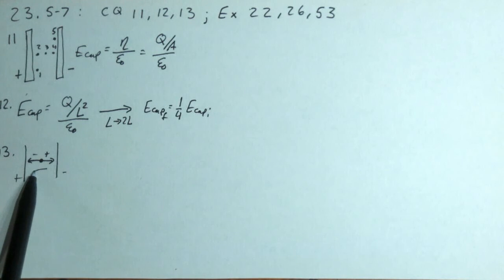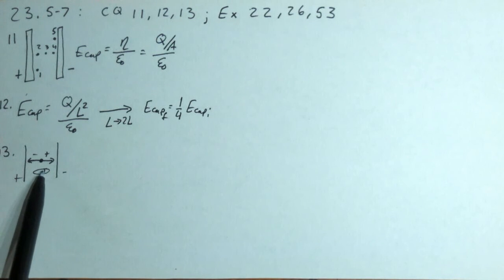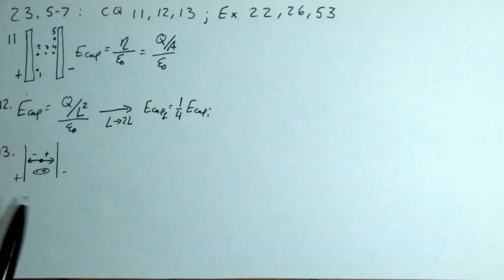Let's say it's going to stretch like this, because the positive is repelled by this one, attracted by this one, the negative is repelled by this one, attracted by this one. But they've stretched the same amount, so if I truly release it at rest here, the attractive force from here to here is the same as the attractive force from here to here, and you can say the same about the repulsive forces. And so there is no net force on this, which means it's not going to go anywhere.